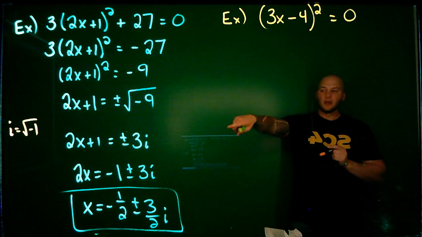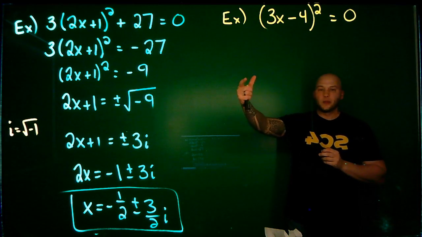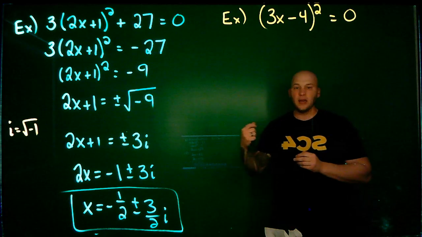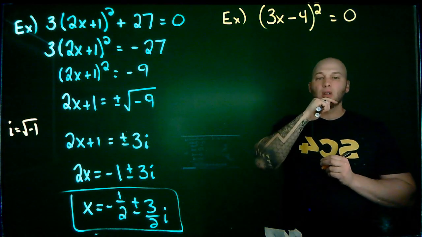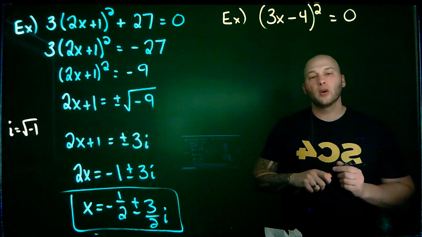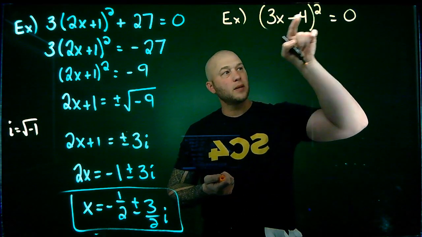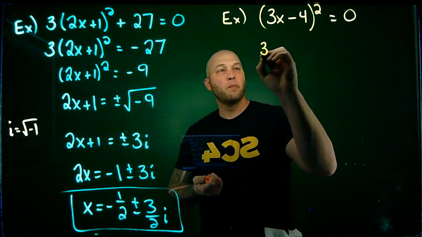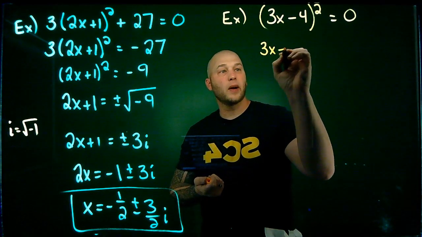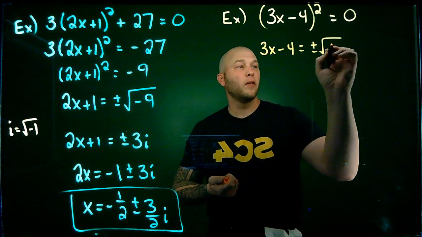This was the middle case that I had on the original screen, where I had if d was positive, 0, or negative. And remember, in the case where d was 0, I said that there's one real solution. Okay. Well, let's go ahead and use the square root property here. If I've got the square of an expression equals a constant, that says that the base of this expression, 3x minus 4, would be plus or minus the square root of the other side.